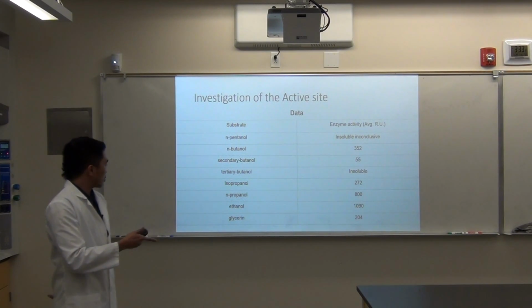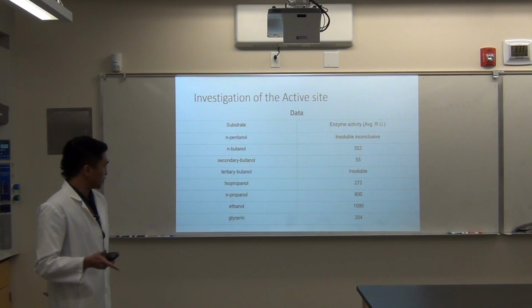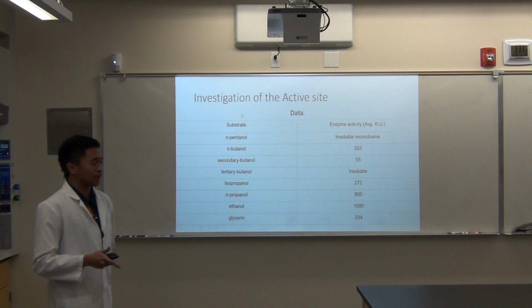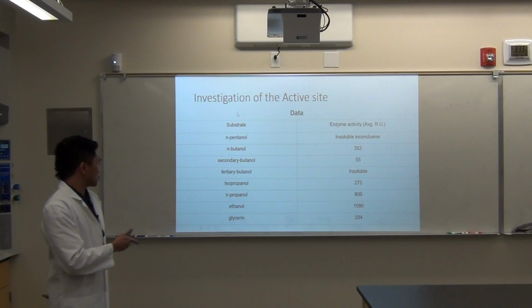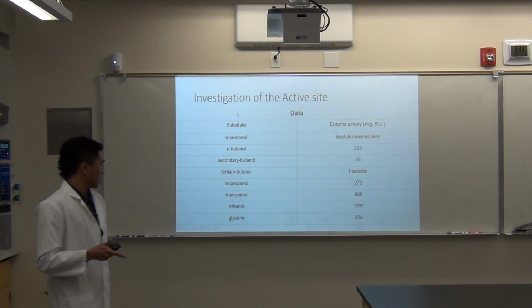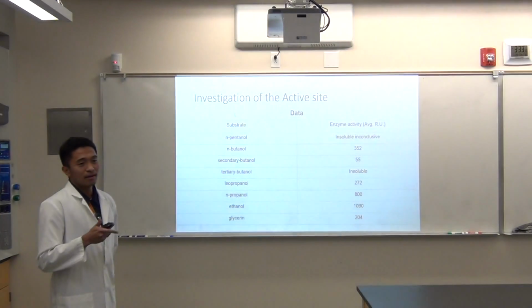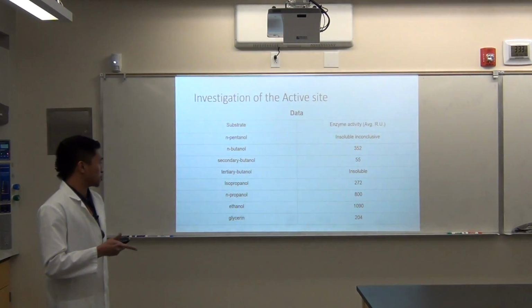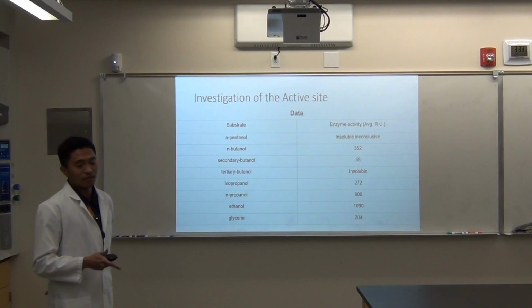Compact alcohols, secondary butanol and tertiary butanol, both were pretty low or inconclusive in terms of activity. And then isopropanol showed some activity, but then at the end, ethanol and N-propanol showed high levels of activity.